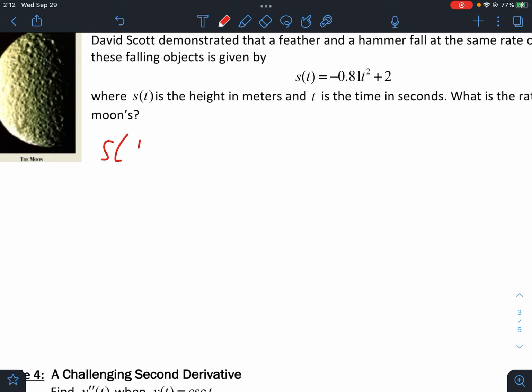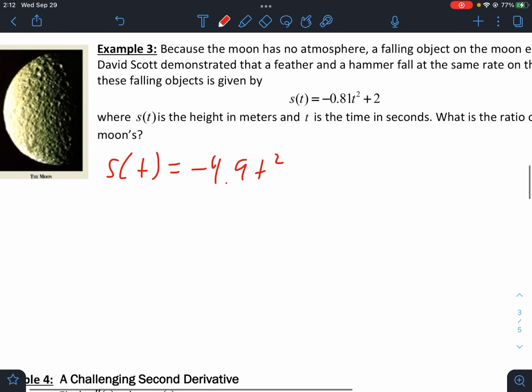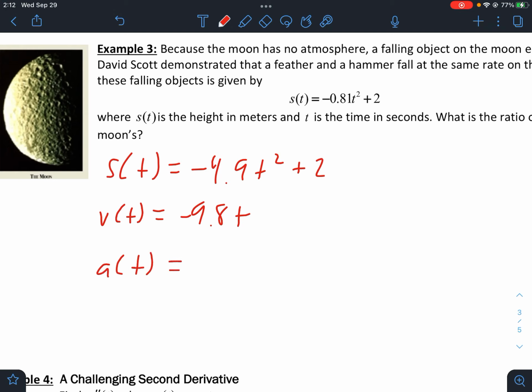So if we build up from that, we have this position function on Earth that we're going to use as negative 4.9 t squared plus the starting height, which we can see here, is 2. All right, so this is on Earth now. So our derivative of that will be our velocity, which is negative 9.8 t plus 0. And our acceleration is just negative 9.8.